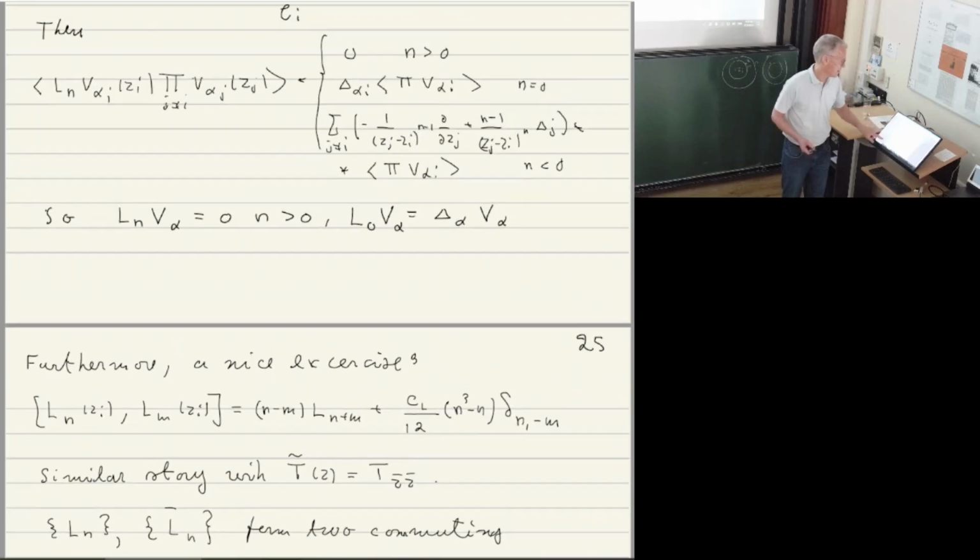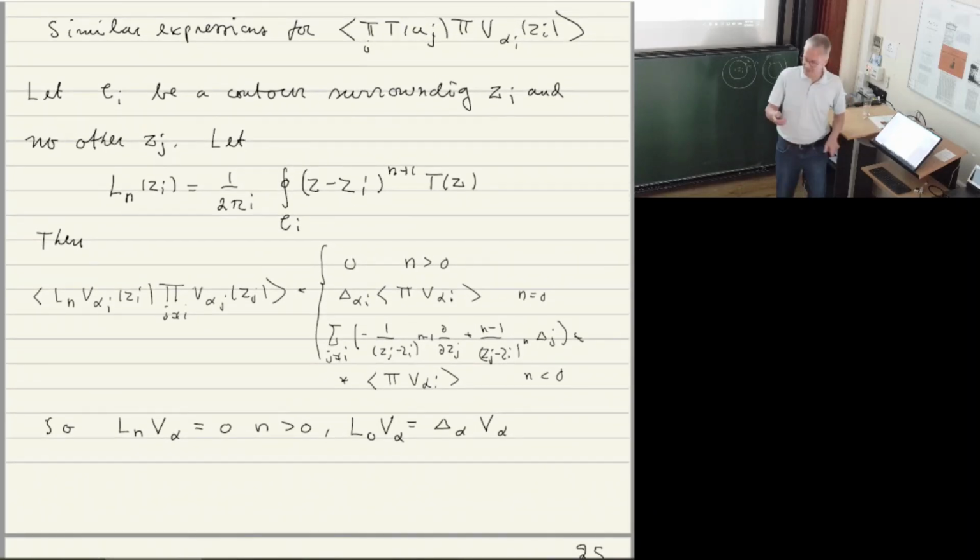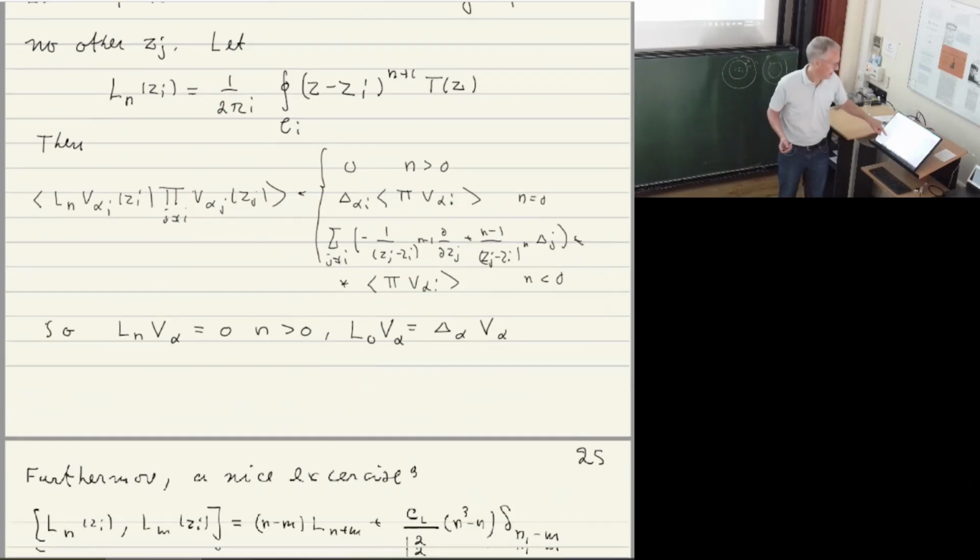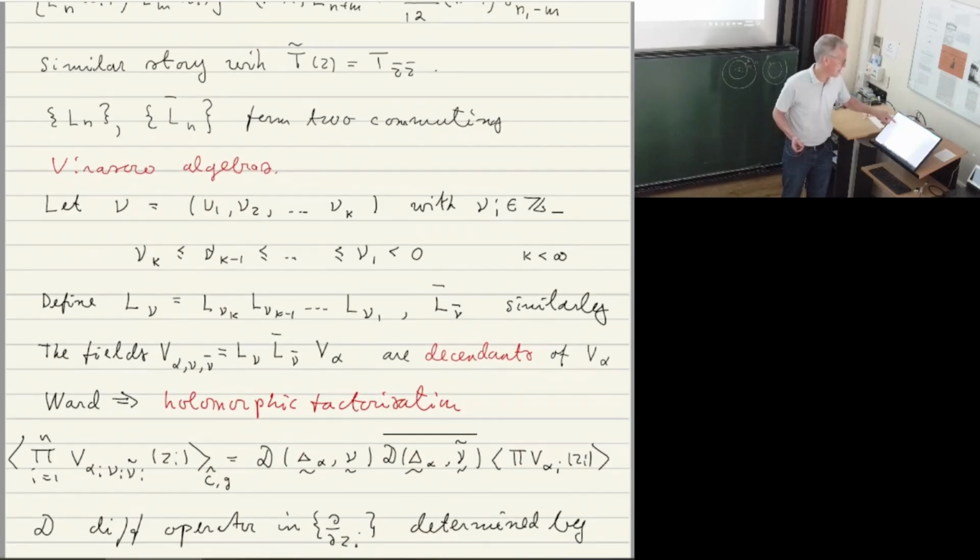It's obvious that from this relation, since I know explicitly what the behavior here is, and if I have more of these insertions, you can actually compute explicitly the correlation functions of all these fields. They are called the descendants of that field.